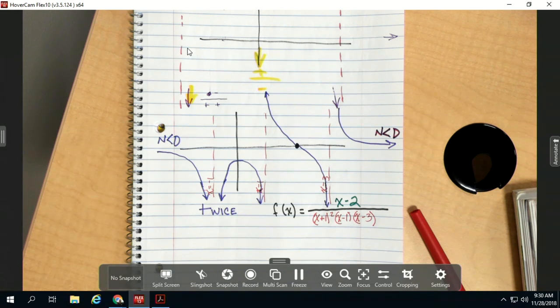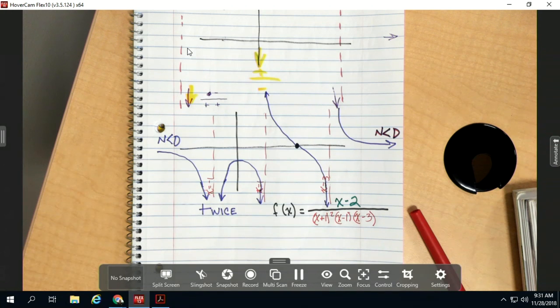Now I heard a bunch of people say, oh, because they realized... What did they realize? It ends on the same side of the asymptote.